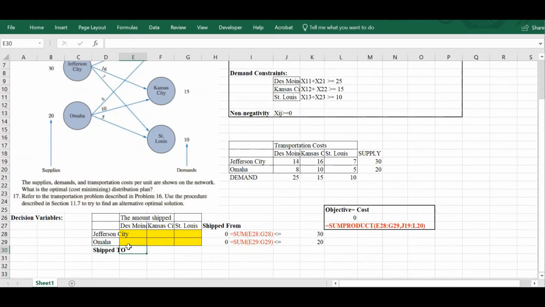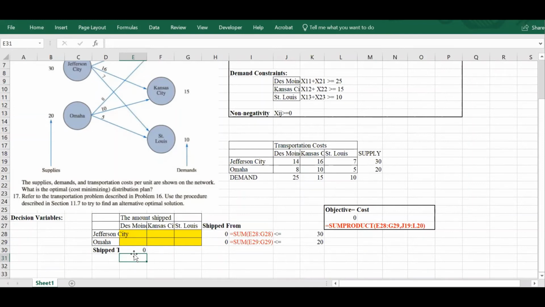The total amount shipped to each buyer would be the sum of these two values, because let's say buyer 1 can get its product from supplier 1 or supplier 2, and the sum of these two will make up the total amount that buyer 1 has received.